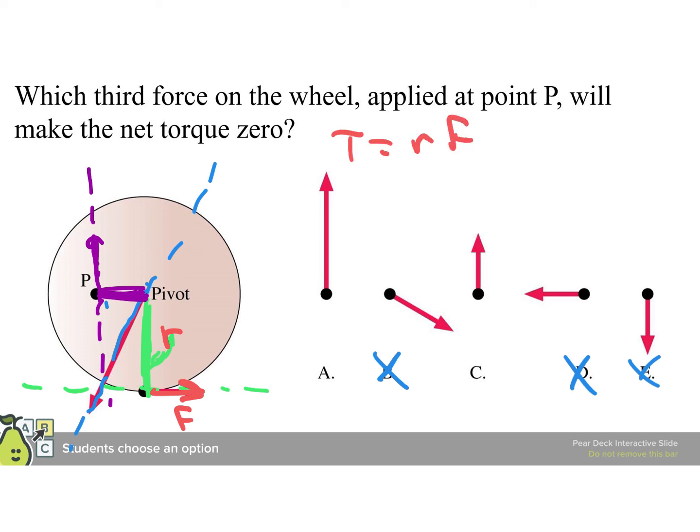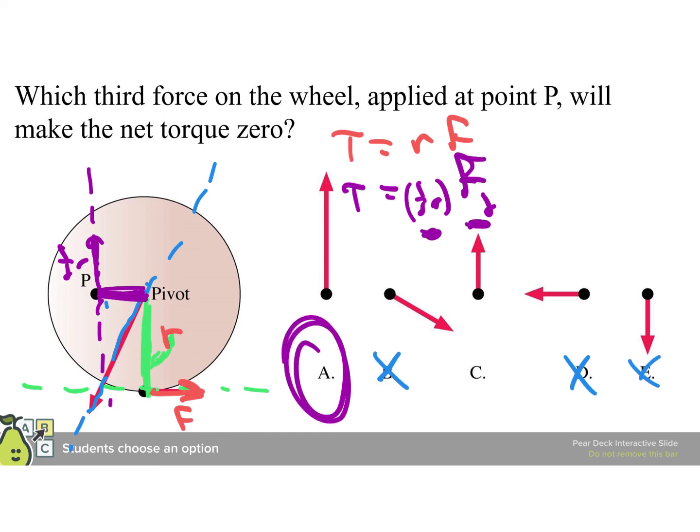But for the purple one, we have some force, we'll call F2, but we know that we have 1/2 the radius. Right, we're closer in. And so since I have half the radius, this has to be twice as large. So it has to be A that comes out. That one's a little subtle.